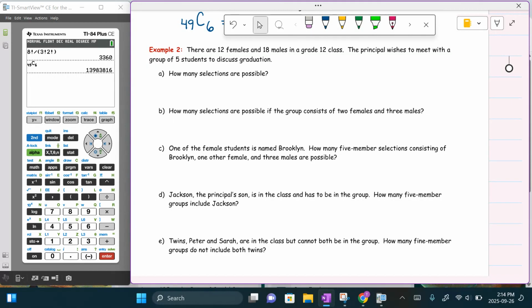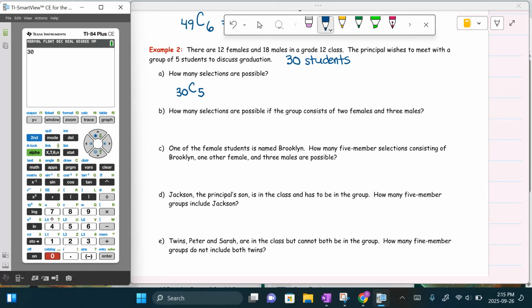No. So you just look at how many objects, in this situation students, there are. How many students is he looking at? 30. So there are 30 students, because in the first scenario male versus female doesn't matter. So 30, and we're choosing 5.